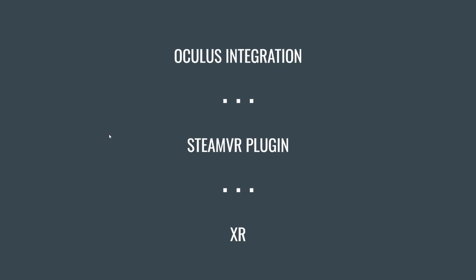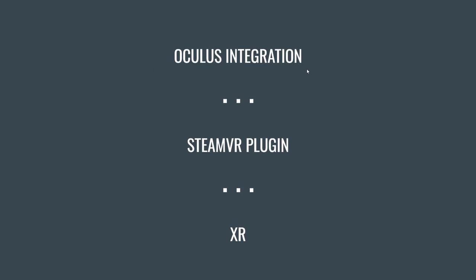So there are three main plugins that you can use to connect your virtual reality headset to Unity and create games for virtual reality. There's a lot more, but these are the three most popular, and each of them has its upsides and downsides.